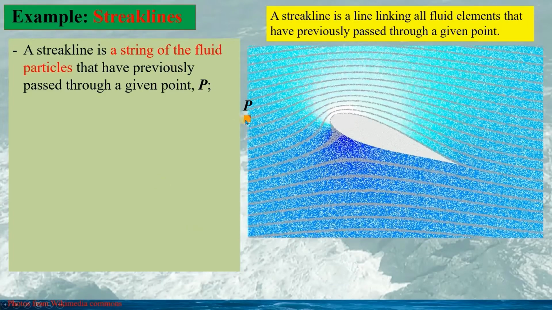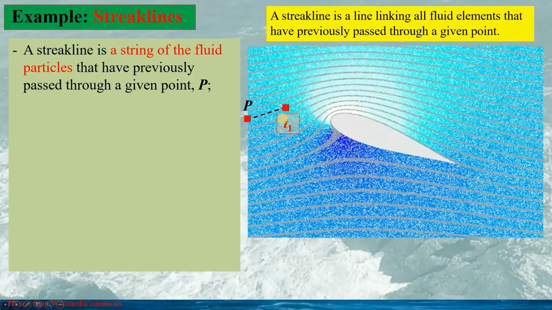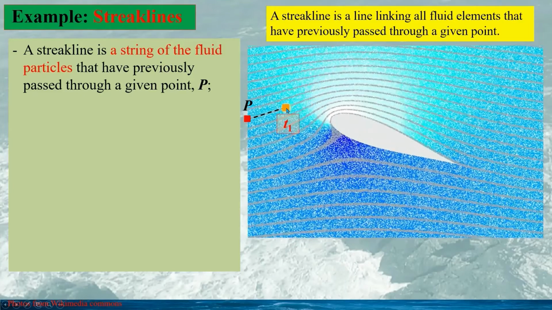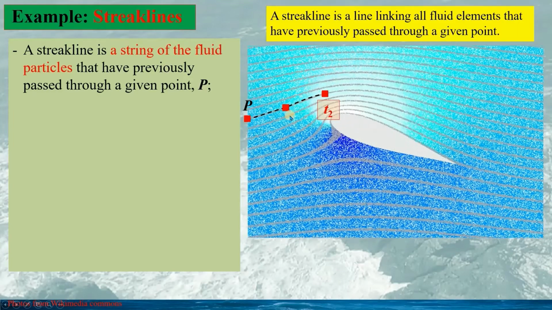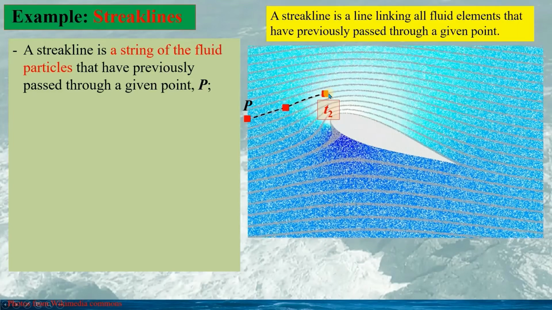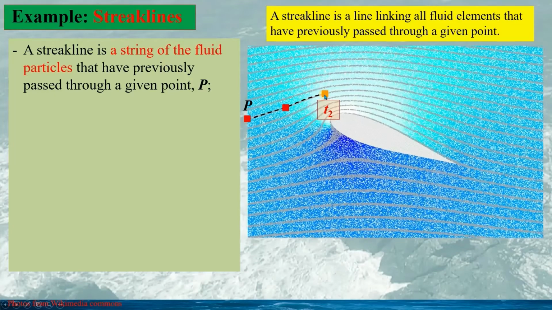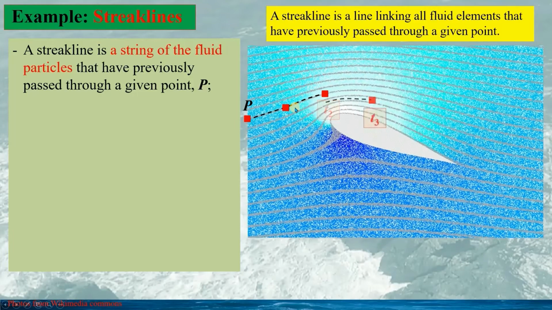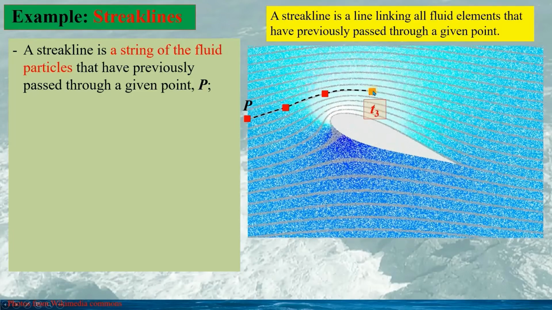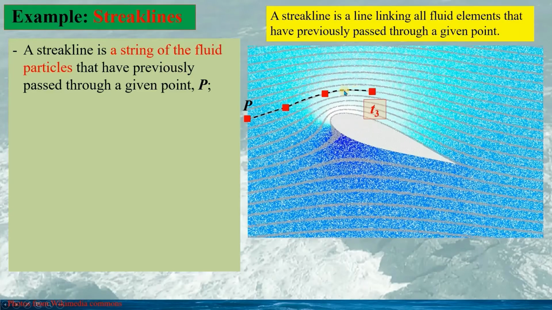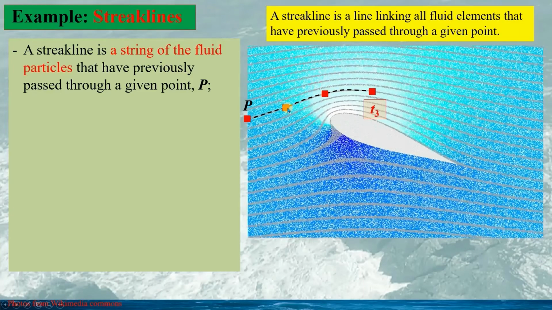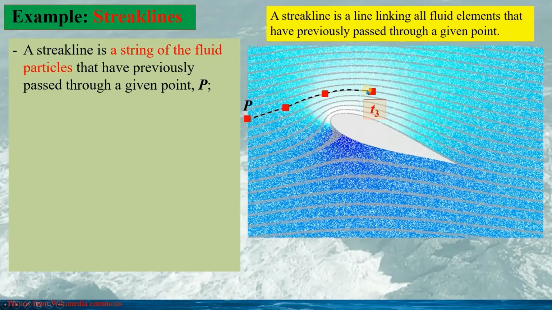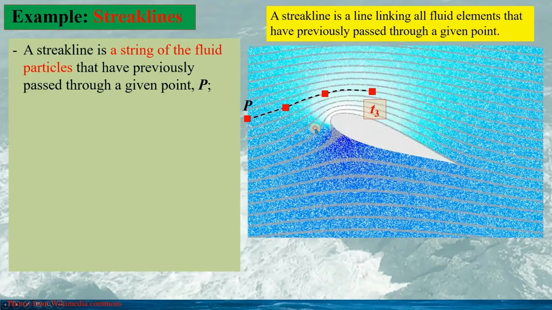For instance, here P. At time t1, the fluid particle moves to here, and at time t2, the first particle moved to here, and the second particle would move to here. And at time t3, the first particle is here, the second particle is here, and the third particle is here. So we can see this dashed line is the streakline.